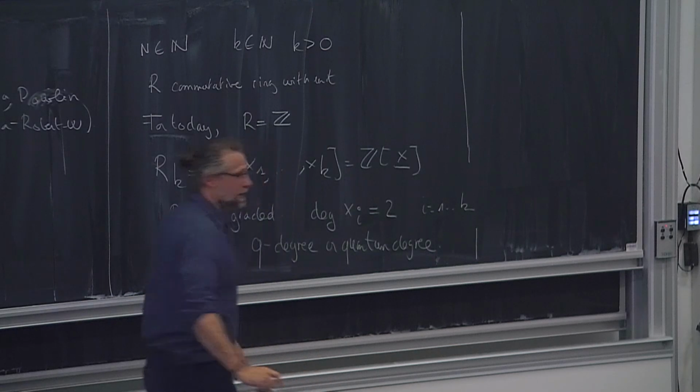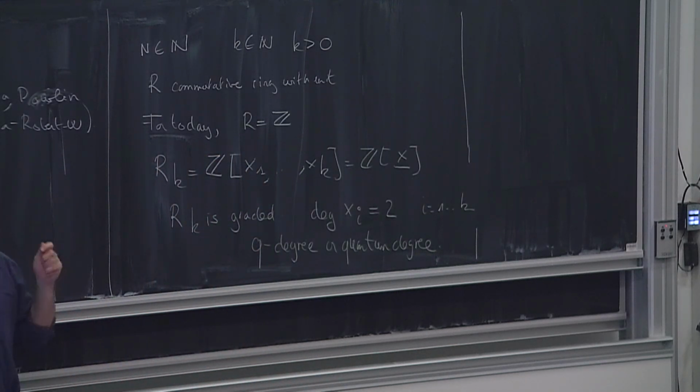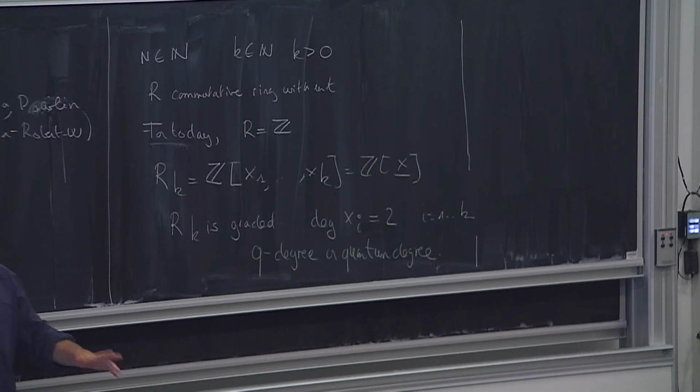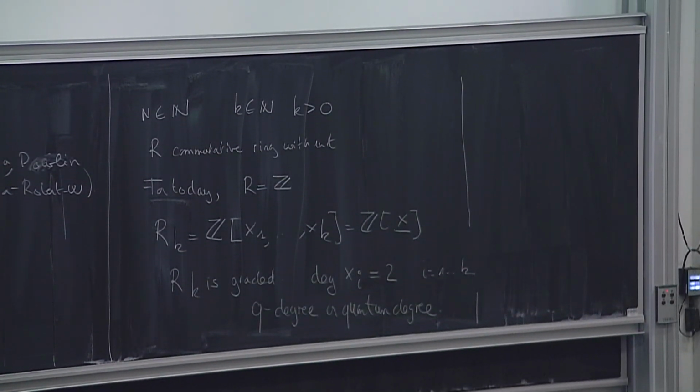As the title suggests, they will be triply graded, so pay some attention to what the gradings are, or at least I will try to. This is traditionally called the Q degree. It also shows up in Liam's construction of this morning.